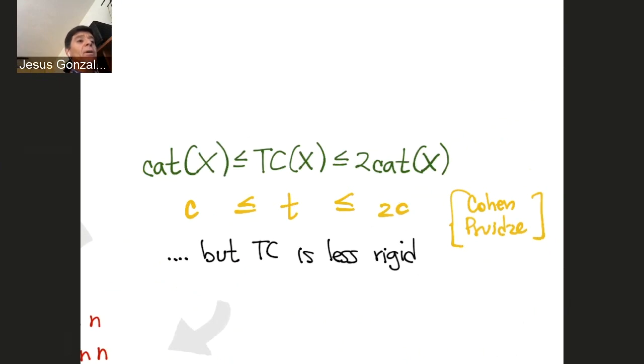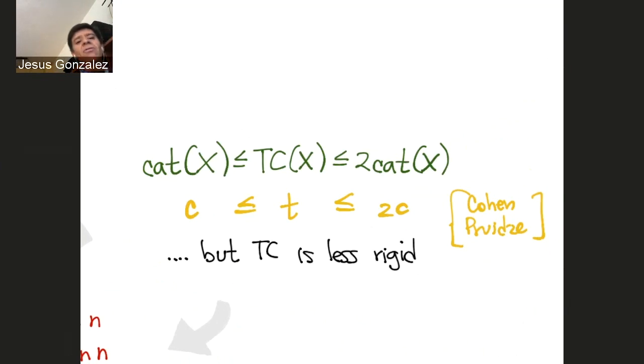And I already said that category is recovered from topological complexity, and indeed, topological complexity carries more information than the category. Just to give an example of why this is so, suppose you take two numbers, small c and T, which satisfy this inequality: T is somewhere in between c and twice c.